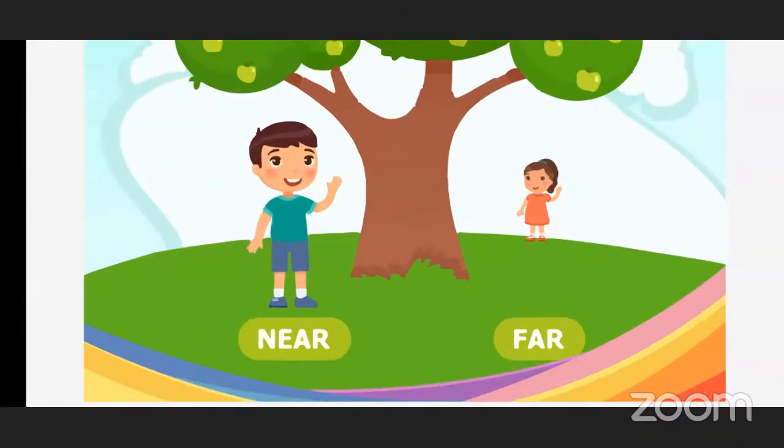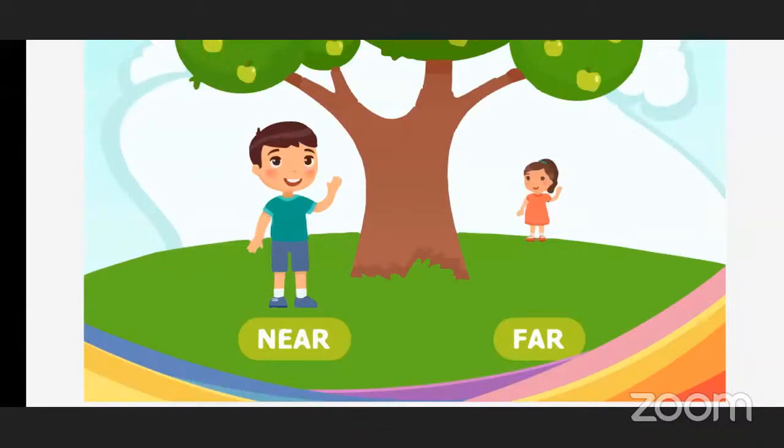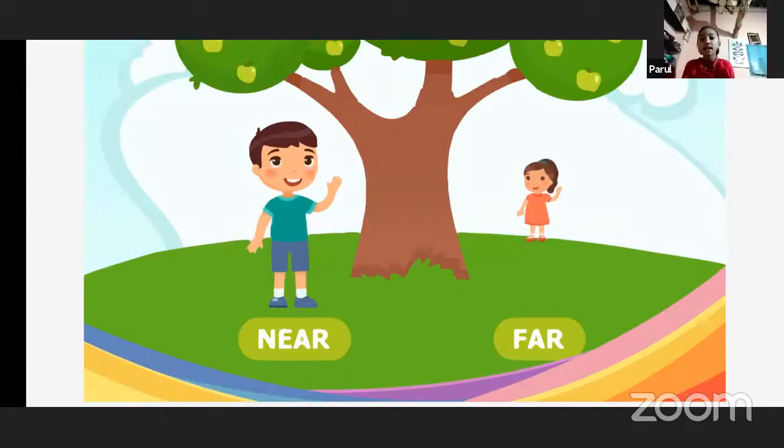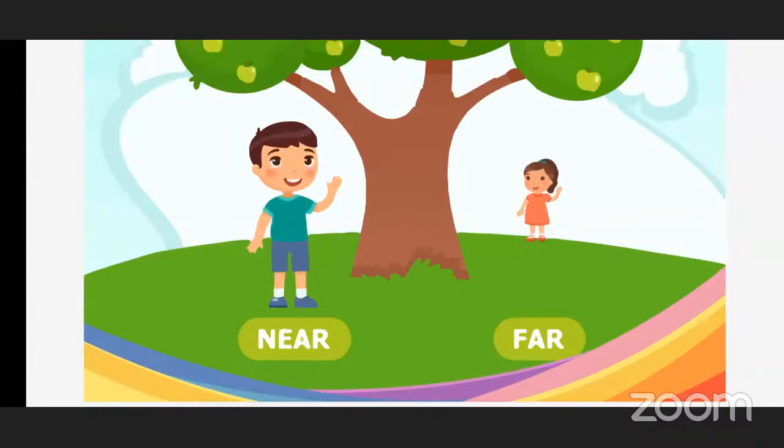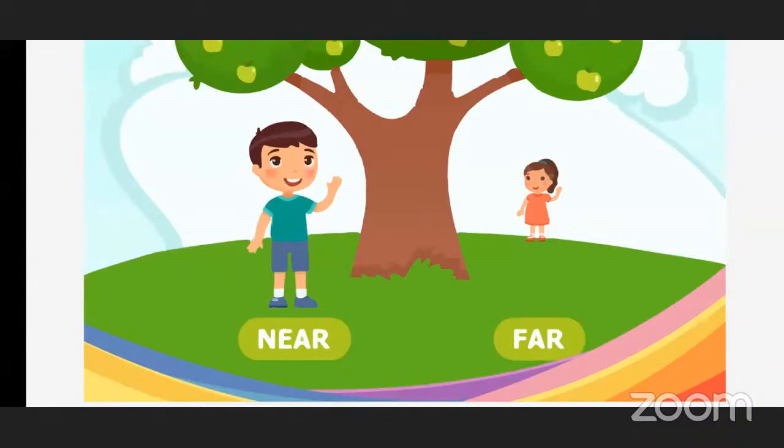Who is near to the tree? The boy is near to the tree. And who is far from the tree? The girl is far from the tree. Very good.